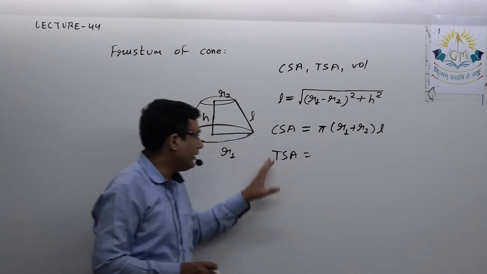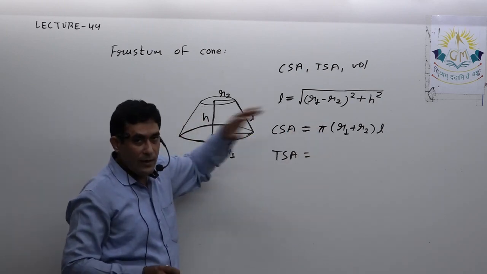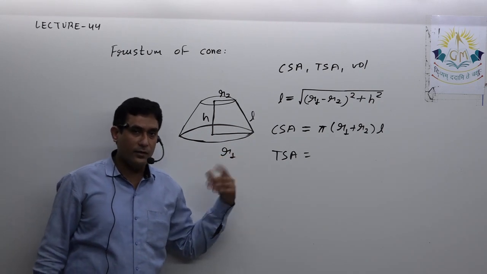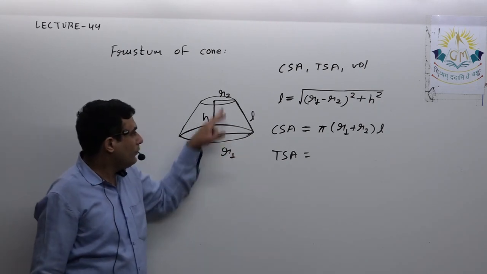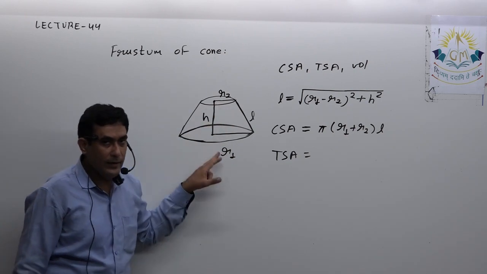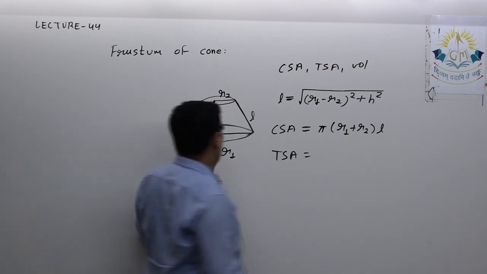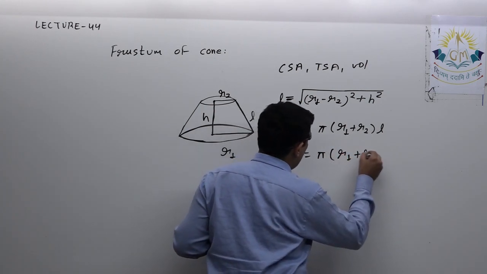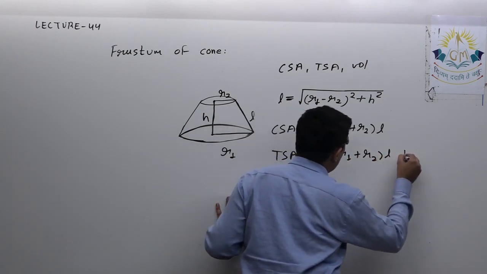Now TSA, as you know, we always find CSA plus base area as the TSA. Total surface area means the curved surface area plus any other flat surfaces. Here there are two flat surfaces, one at the upper end and one at the lower end. If I add these two, I get the total surface area of the frustum.